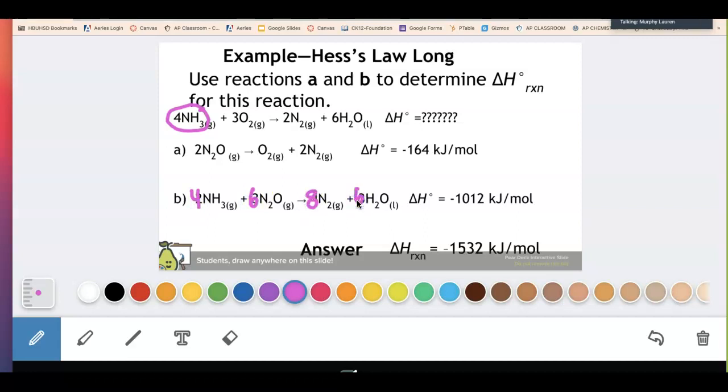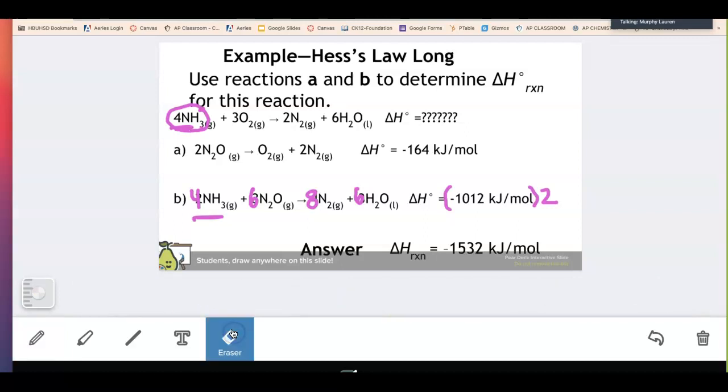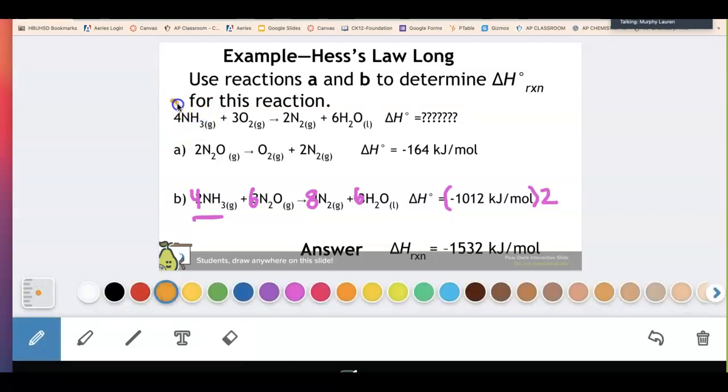This is 6. And you've got to multiply the delta H by 2 as well. So I multiplied everything in reaction B by 2. And the reason I did it was to make this and this match. Okay, so like this guy's handled. Ammonia's done. Check.